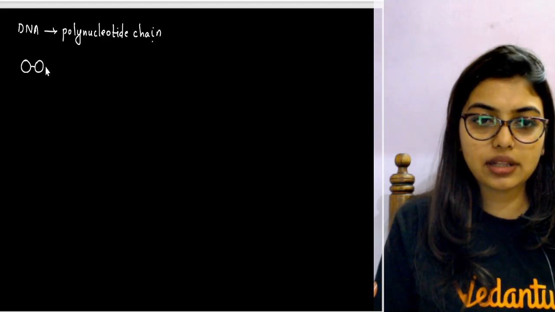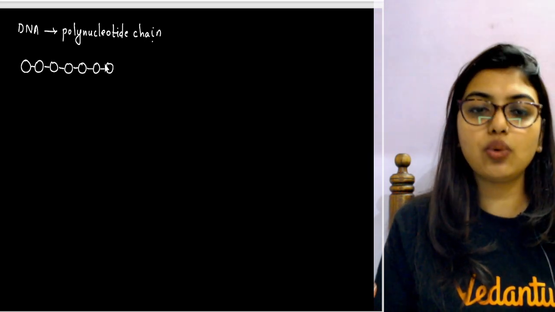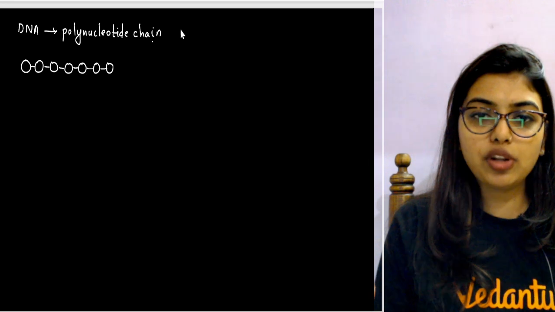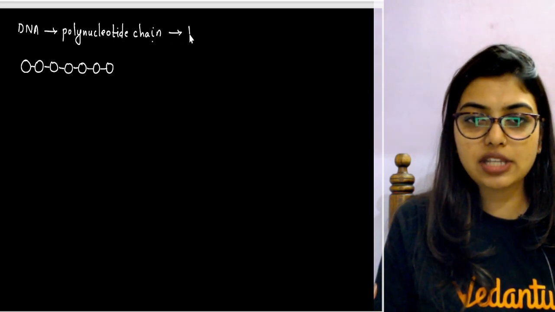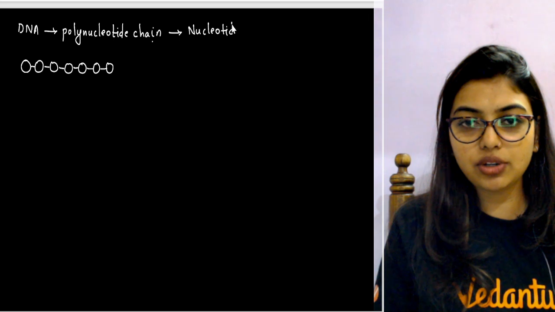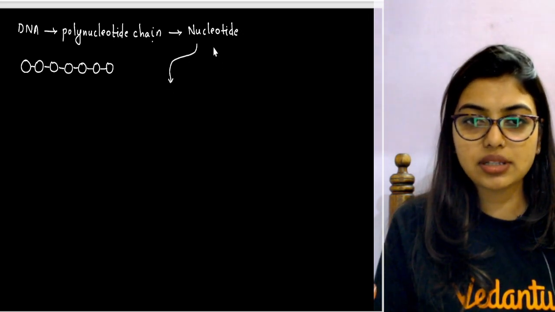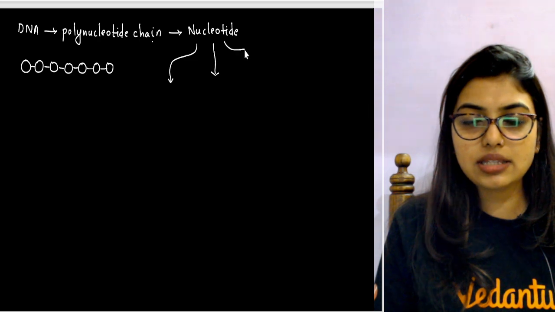One linked with another one, linked with another one, linked with another one. They make a long chain. But who is linking? Now, this polynucleotide chain is made up of a single unit of nucleotide. Yes or no? Now, this nucleotide has three components.